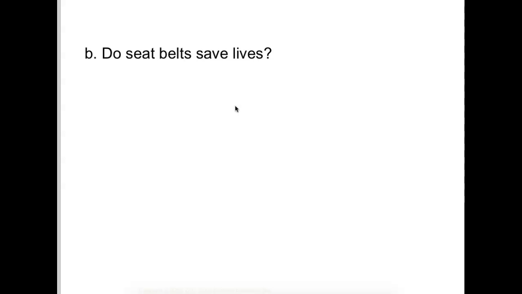Do seatbelts save lives? Observational, case control, or experiment? Just an observational? Case control. So it would be unethical to do an experiment, right? To get a group of people and go, hey, go get in an accident, but keep your seatbelt on.